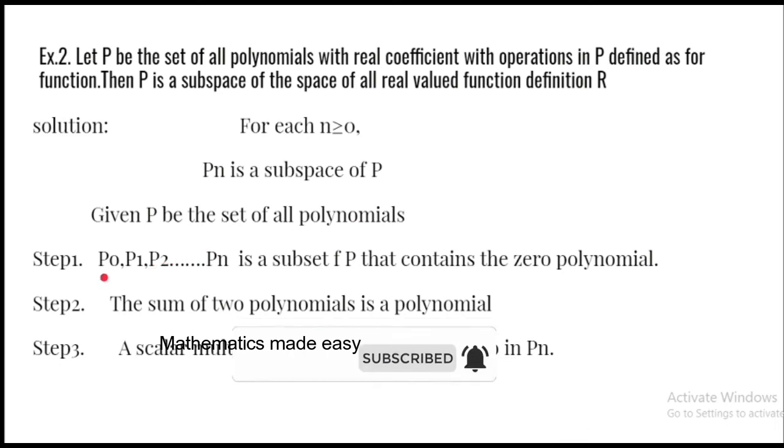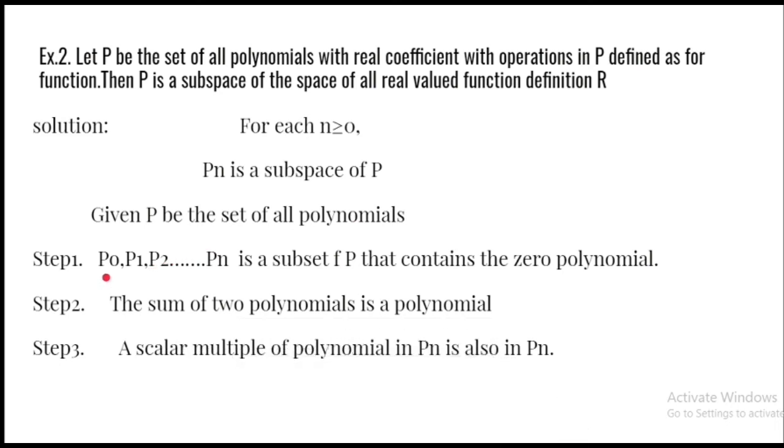P0 is nothing but the polynomial with respect to 0: 0 plus 0 times x plus 0 times x squared and so on is equal to 0. It is the zero polynomial.